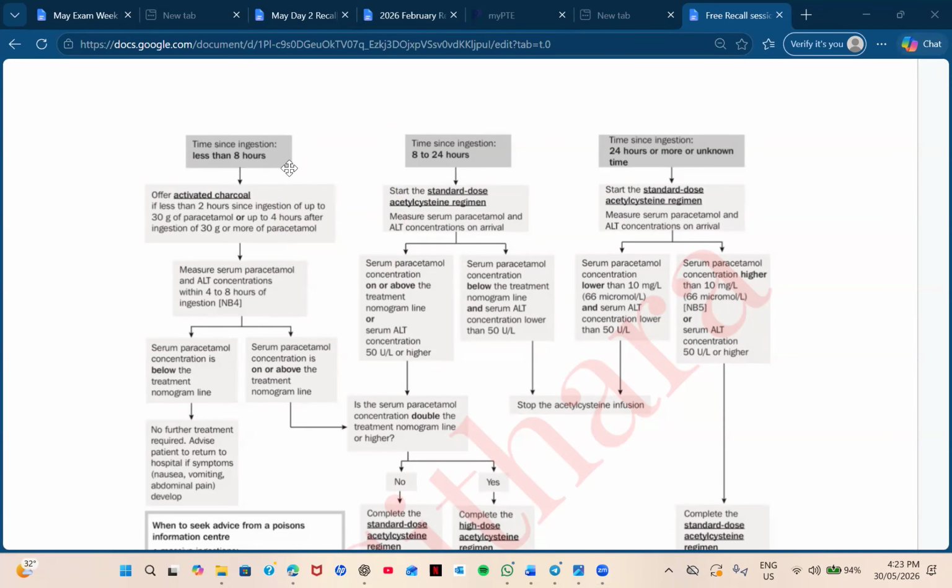Tell me, doctors. So how many grams? 25 grams, right? 2,500 milligrams, that means 25 grams, right?